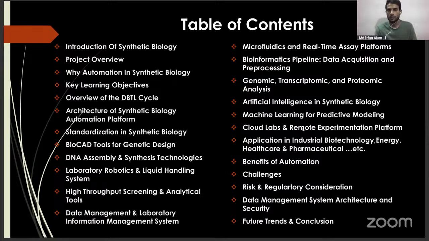Overview of the DBT cycle. It integrates design, build, test, and learn from biological design. Architecture of synthetic biology automation platform: how to architect a cloud native platform for automation. Standards in synthetic biology ensure interoperability, reproducibility, and scalability.